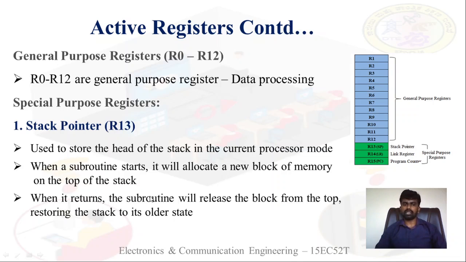When it returns, the subroutine will release the block from the top. This previously allocated block will be released from the top of the stack. Then it restores the stack to its older state. So this is about stack pointer. R13 is used as a stack pointer.